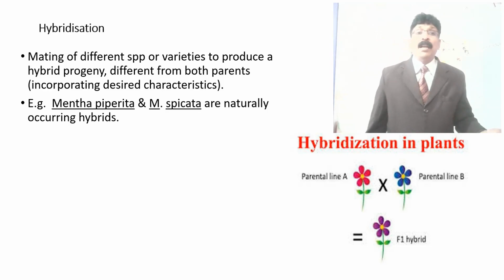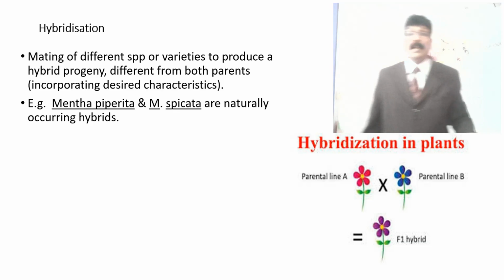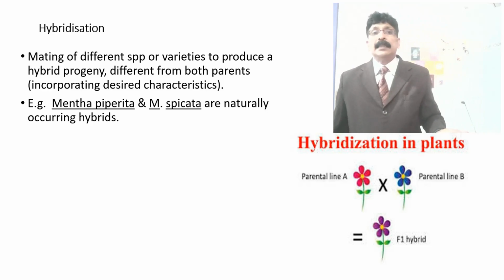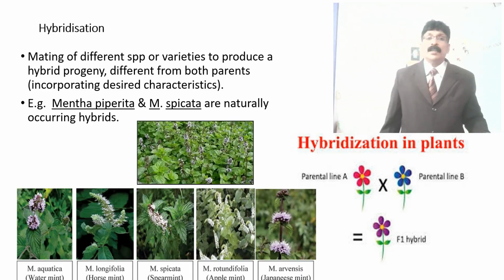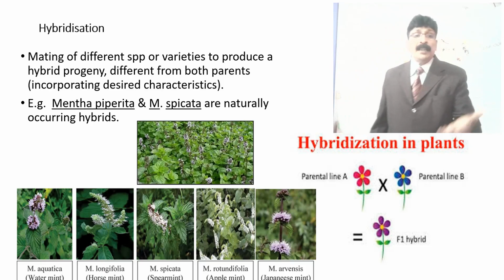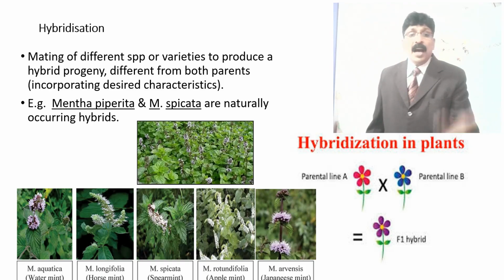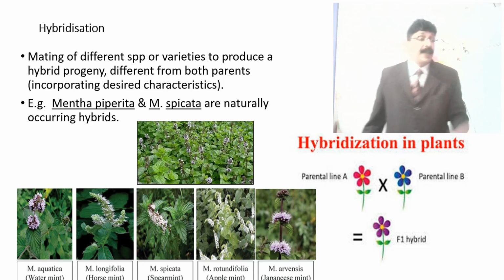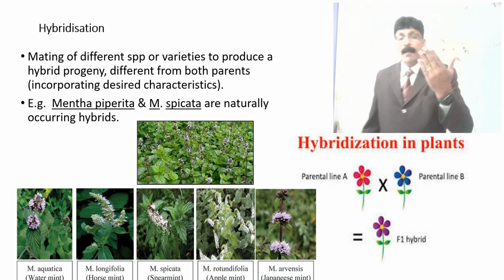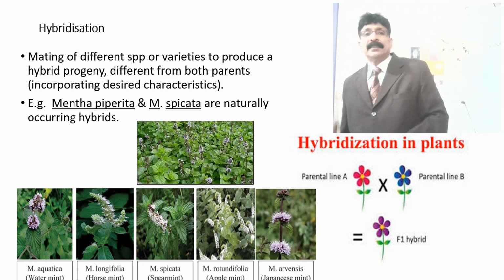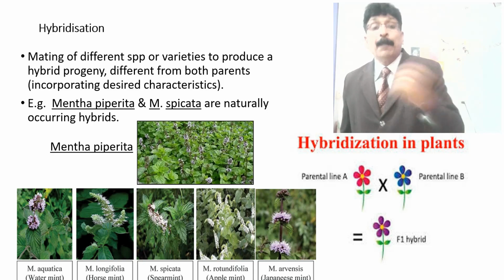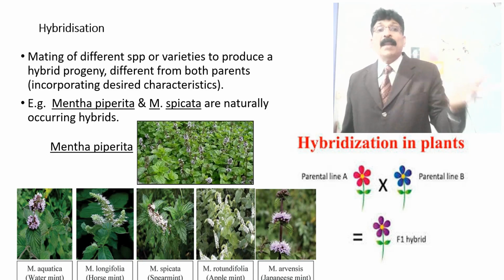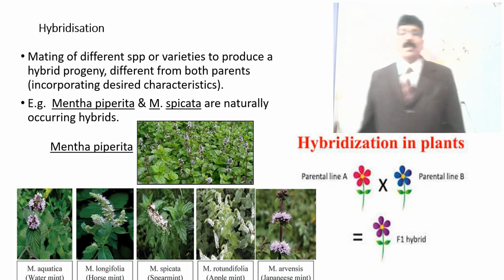Example, Mentha piperita and Mentha spicata are naturally occurring hybrids. These pictures which I have shown: Mentha aquatica, Mentha longifolia, Mentha spicata, Mentha rotundifolia, Mentha arvensis, and this is Mentha piperita. So there are many, but these two species are hybrids naturally.